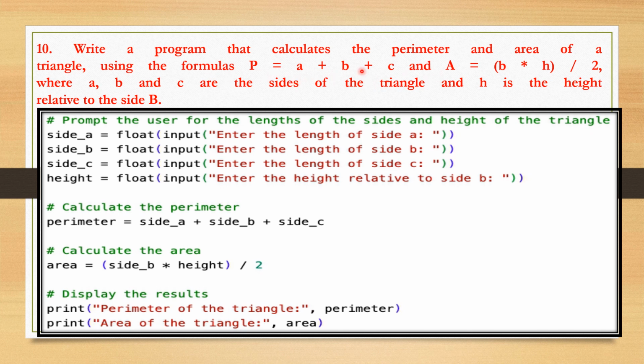Here we need the sides of the triangle A, B and C, and the height. We'll use the formula of the perimeter, side A plus B plus C, and for the area we'll use base times height divided by 2. And finally we will display the results.